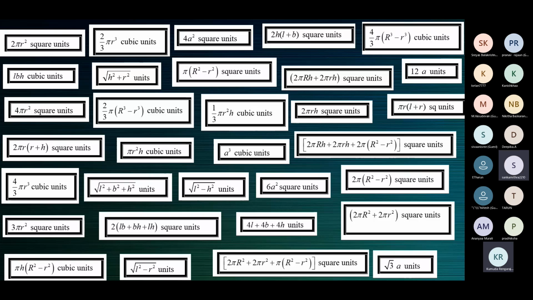Volume is 4 by 3 pi r cube, and the total surface area or the curved surface area is 4 pi r square. Okay, because for a sphere we cannot differentiate between CSA and TSA. There's only one thing, which is surface area, which is the total surface area, 4 pi r square.